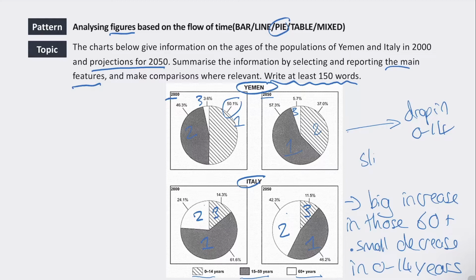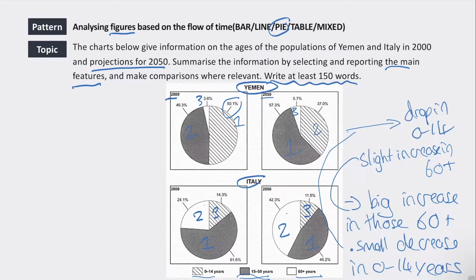We've got a very slight increase in 60 plus. So I'm already thinking I'm probably going to compare those 2 points, because that's a similarity and a difference. And then I should probably also address the fact that Italy stayed consistent, as this is the biggest portion, and then there was a slight increase in Yemen, the people aged that age.